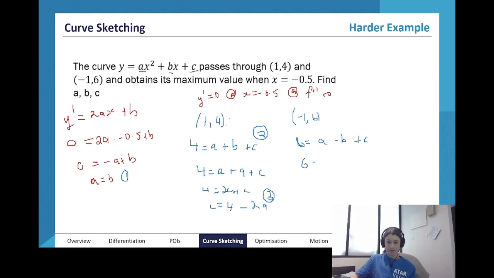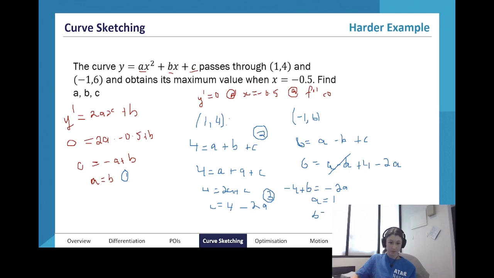So we're going to get 6 equals a take a plus 4 take 2a. So a take a is going to cancel. We're going to get negative 2a. We're going to take that 4 over to the other side, which is going to give us that a is equal to 1.